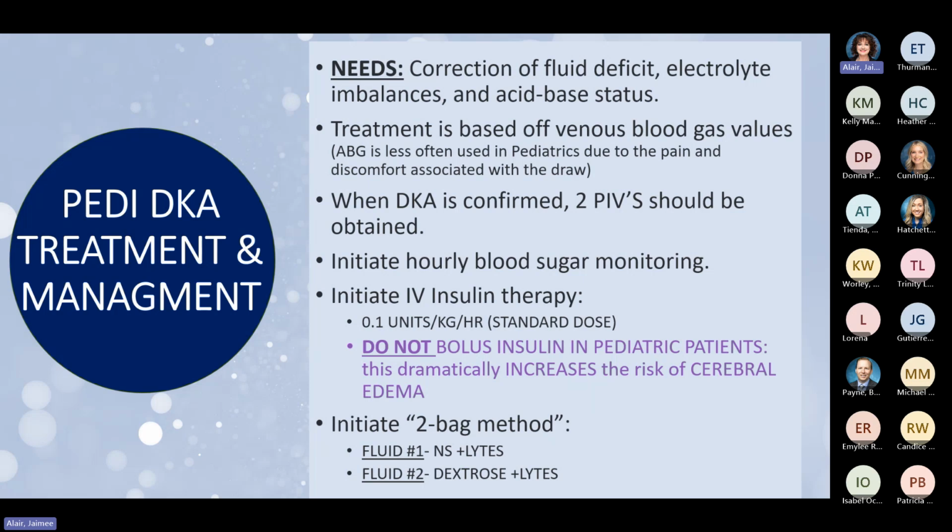For UMC, our standard dose is 0.1 units per kg per hour. We don't bolus insulin in pediatrics. This is a big difference in adult DKA and pediatric DKA because we increase the risk of cerebral edema if we're bolusing insulin. And then, of course, we're going to initiate that 2-bag method. One of them has NS and then the electrolytes, and then the second one has dextrose and the electrolytes.